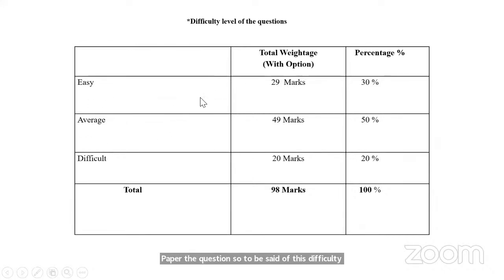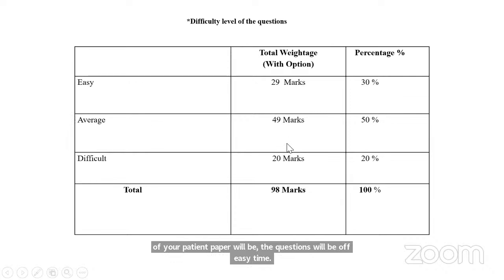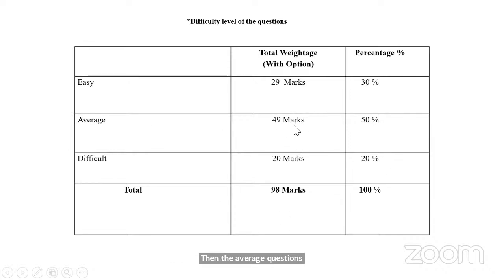So easy questions, the total weightage out of 98 is 29 marks. That is 30% of your question paper, the questions will be of easy type. Then the average questions, as you can see, the weightage allotted is 49 marks out of 98. That is 50% of your question paper will be of average difficulty level.